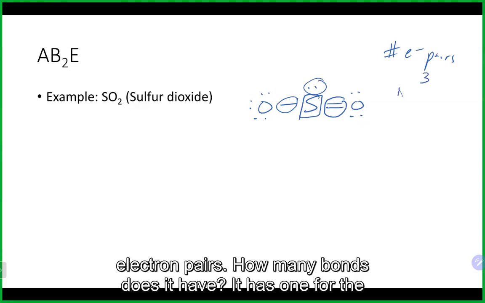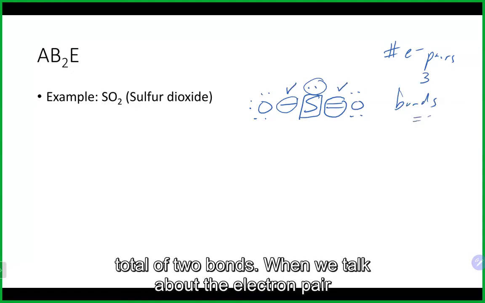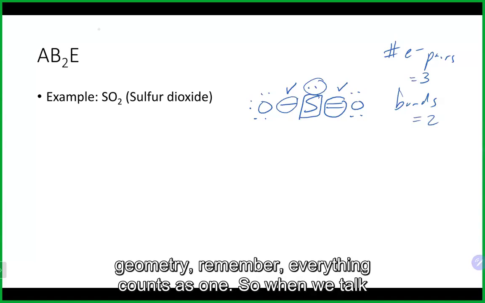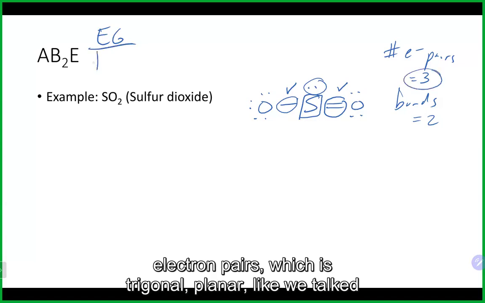How many bonds does it have? It has 1 for the double bond and 1 for the single bond, right? So that is a total of 2 bonds. When we talk about the electron pair geometry, remember everything counts as 1. So that is still 3 electron pairs, which is trigonal planar, like we talked about.